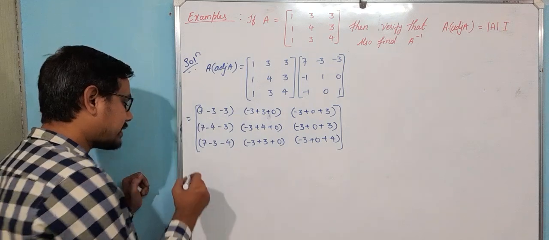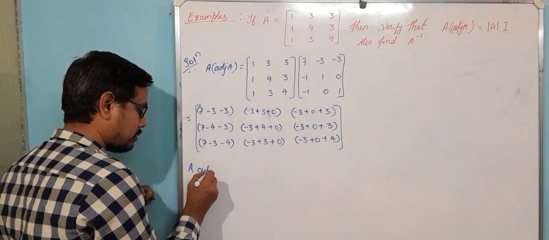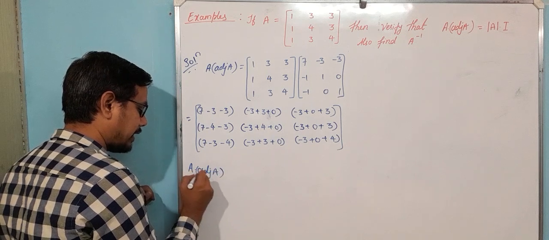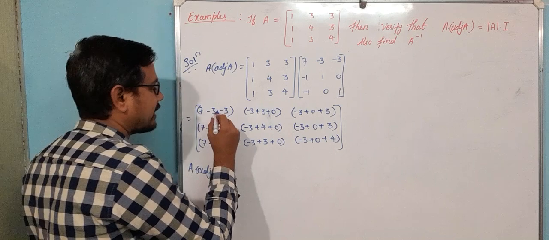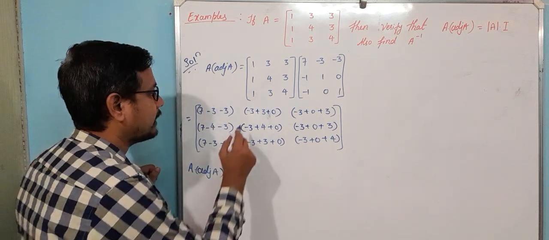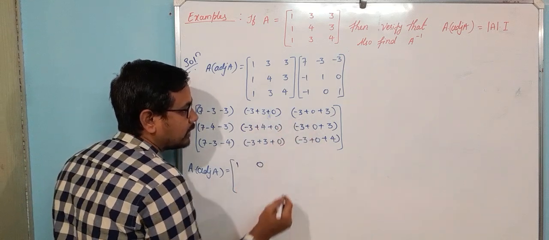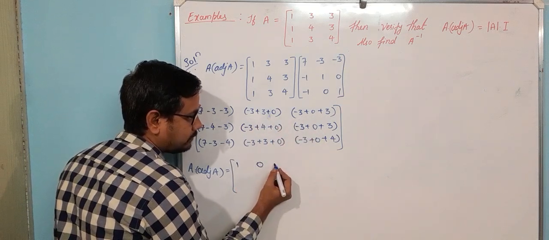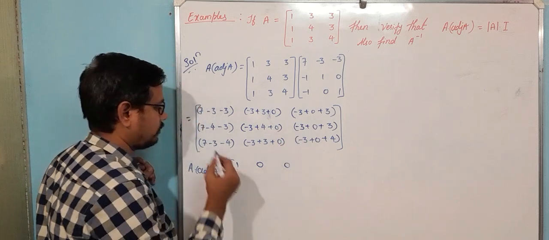Now let's simplify this. A into adjoint A will be equal to 7 minus 3 minus 1, that is 1. Minus 3 plus 0, 0. Then minus 3 plus 0 plus 3, that is 0.